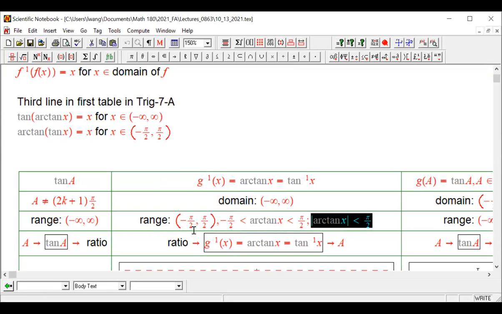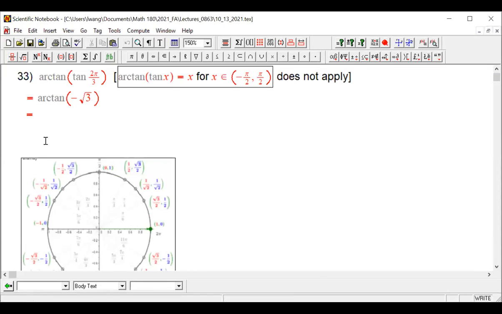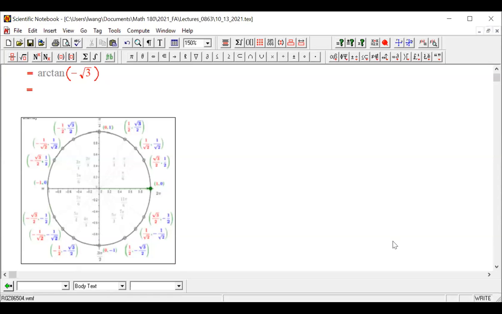For sure, I will be testing you on these things. So your answer is going to be between negative pi over 2 and pi over 2. Now you look for the ratio that will give us this combination. Where else do we see that ratio?